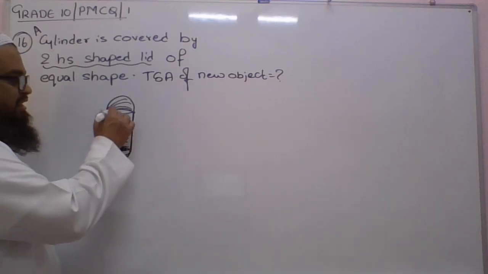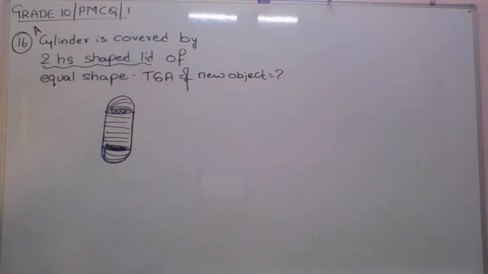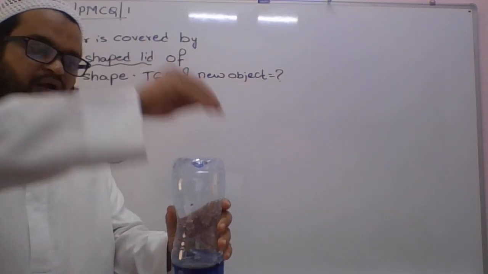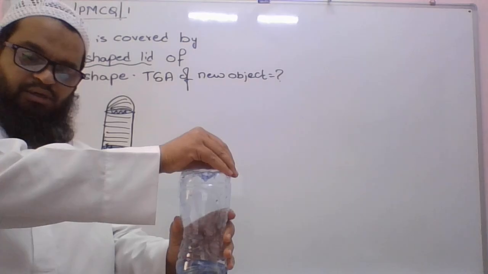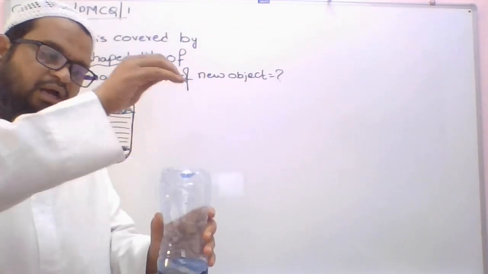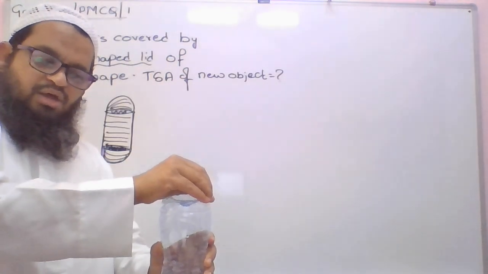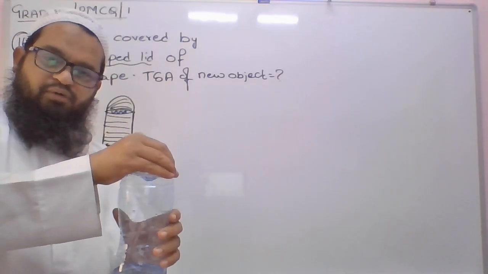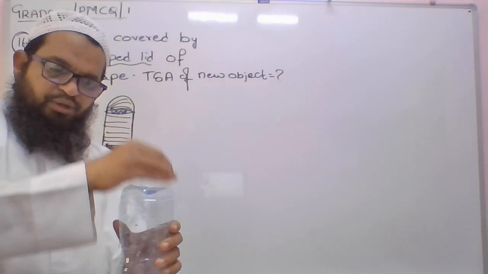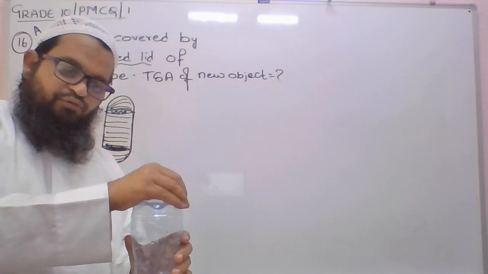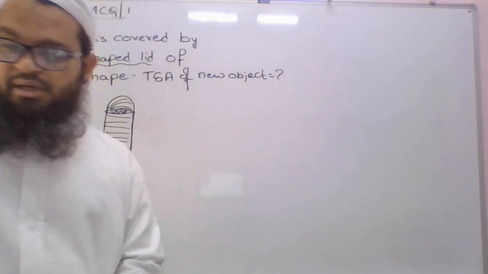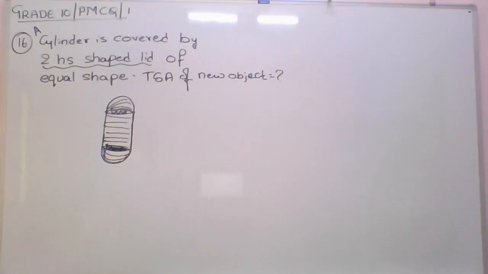No. When it is covered by, for example, let us say that this is a cylinder, and if we cover it with a hemisphere, will the bottom area of the hemisphere be visible outside? No, it is covered on the top. So therefore, we have to take only the curved surface area. Is it right?